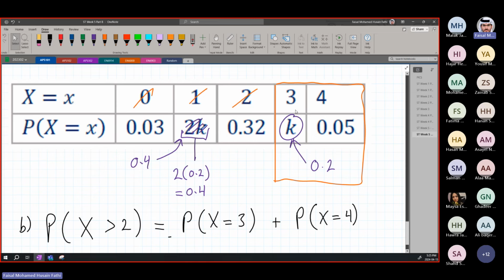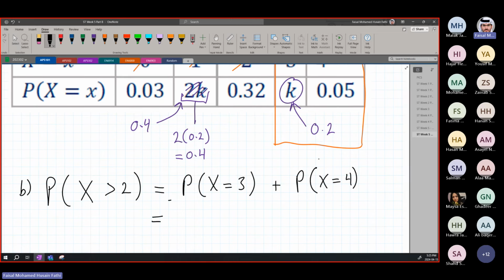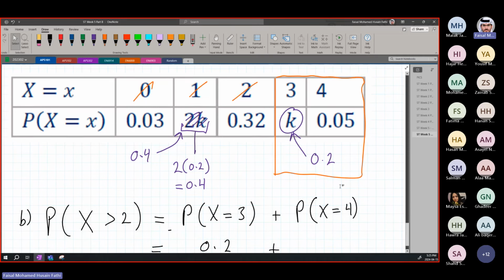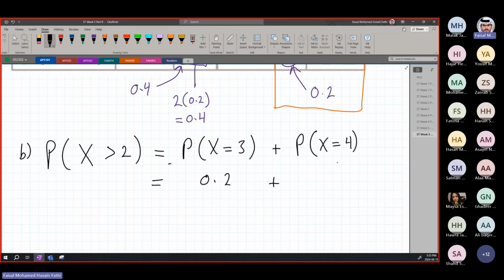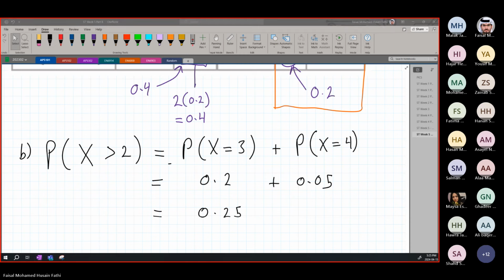So probability when x is equal to 3 is here. It is k, which is 0.2. So this is equal to 0.2 plus the probability when x is equal to 4, which is 0.05. So this will be equal to 0.25.